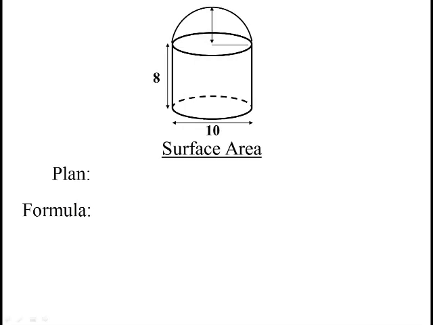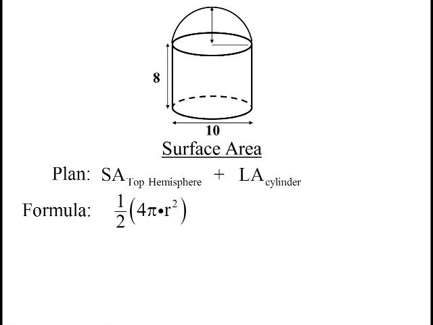Okay, let's pause the video here and see if you can find the surface area of this composite figure. So working from the top down, I'm going to start by finding the surface area of the hemisphere. So that would be half of 4 pi r squared, since 4 pi r squared is the surface area of an entire sphere. The lateral area of the cylinder, remember, is pi dh.